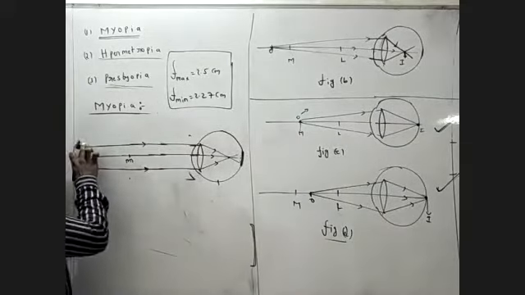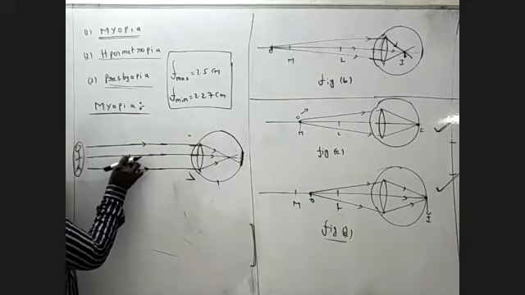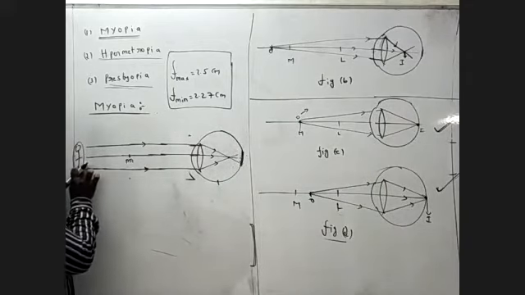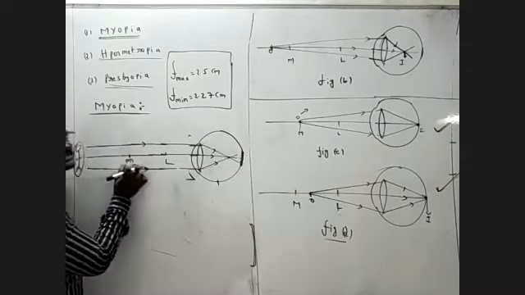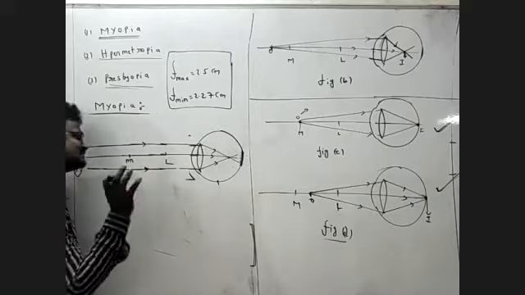Suppose this is the object. The object is placed on M, no problem. The object placed between M and L, the image forms on the retina, and the eye can see the image.